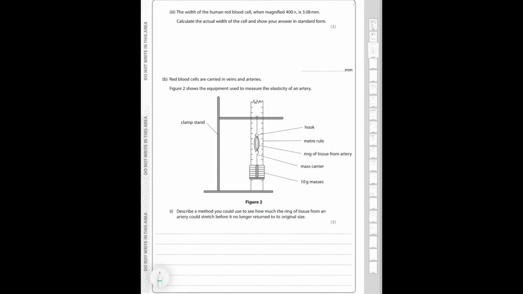In part 3, the width of the human red blood cell when magnified 400 times is 3.08 millimeters. Calculate the actual width of the cell and show your answer in standard form. So to work out the actual length, we're going to have the measured length divided by the magnification.